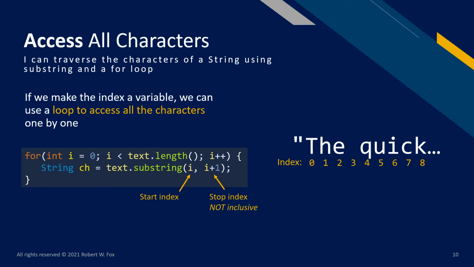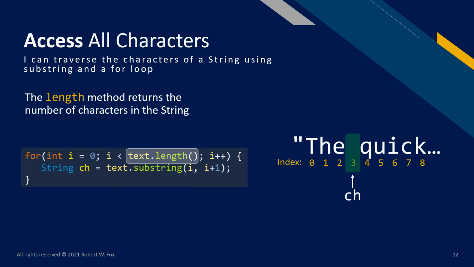The third time through the loop, i becomes a 2, and we get the lowercase letter e saved in the ch variable. The next time through the loop, i becomes a 3, and we get the space between the and quick saved in the ch variable. The loop will continue and ch will keep getting replaced with the next character of the string until the loop stops.